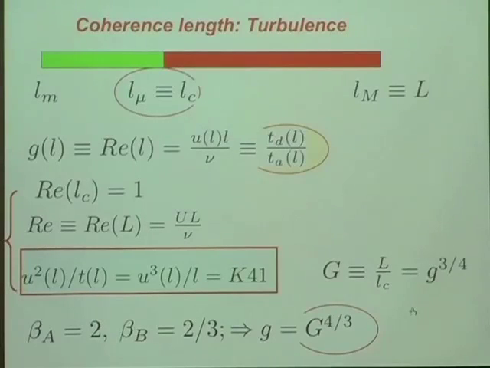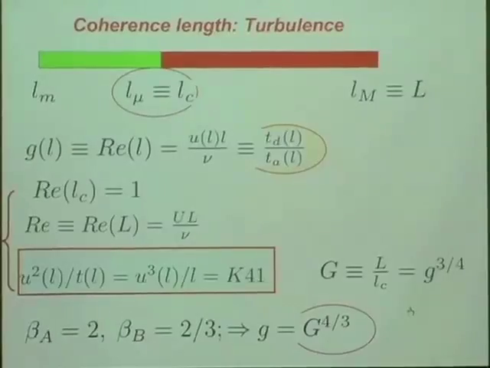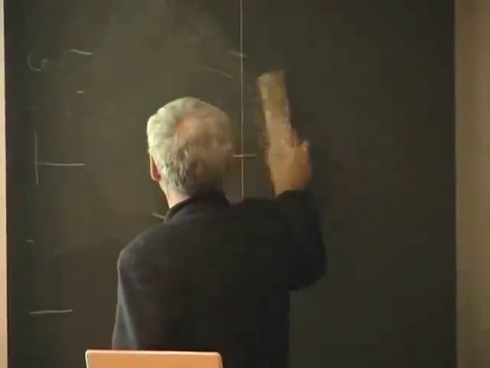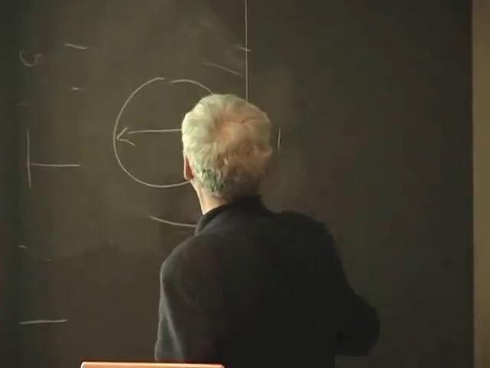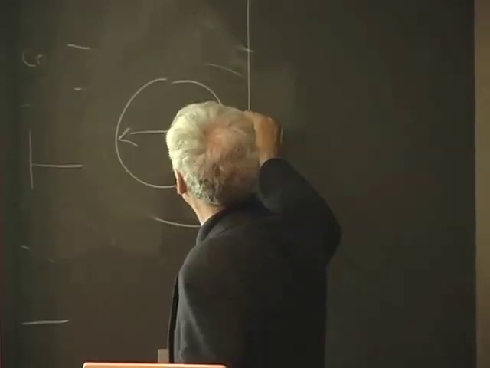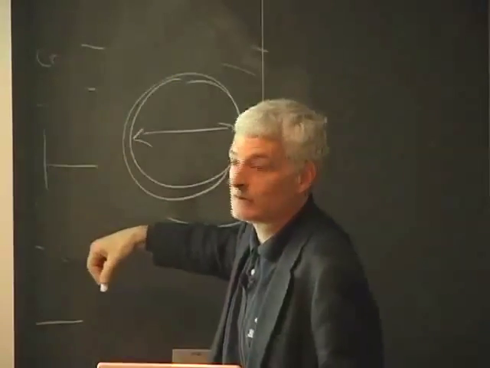That's an important notion, pretty general. Just to make myself clear, if I have a vortex of size L, advection is basically the time it takes for a molecule to go around one time.